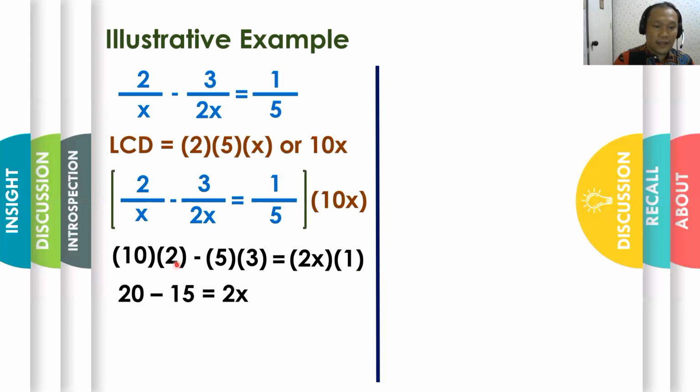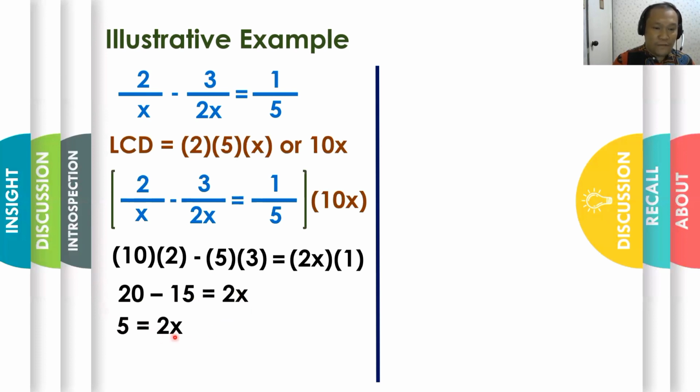Next, 10 times 2 is equal to 20. Then 5 times 3 is equal to 15. And 2x times 1 is 2x. Next, 20 minus 15 is 5, is equal to 2x.